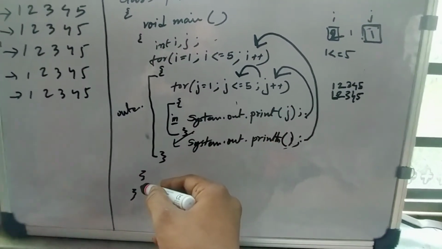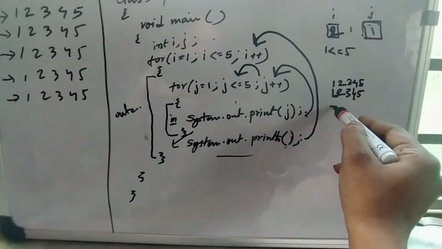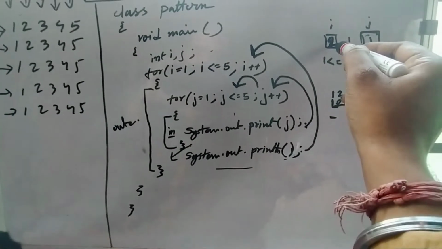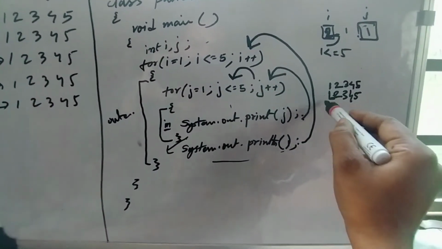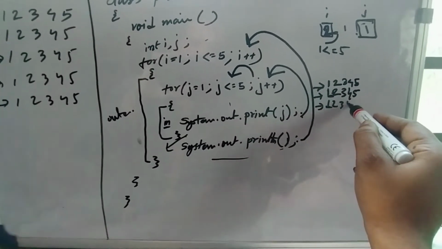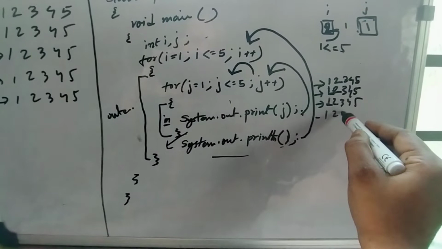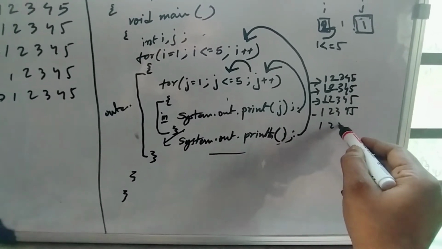Then when the condition fails to match, it comes down to another line. Like this I is now increased by 1, that is I is 3, like this we have 3 rows, and then 4, 5, and 1 2 3 4 5 also gets printed, and the fifth 1 2 3 4 5.